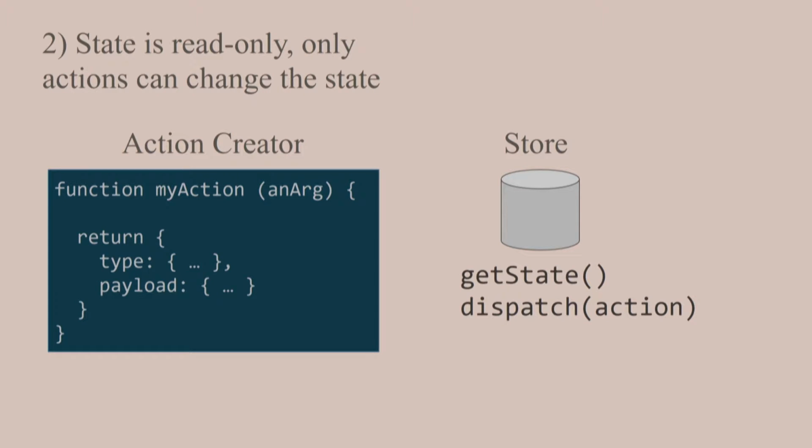So there's one place in your code responsible for creating that action, making sure it's well formatted. It also means you can pass in arguments to it and not concern yourself with how it's formatted. The action creator function returns your action, and you call dispatch on the store with that to say something's changed. And that's the only way you can change the state in a Redux application.